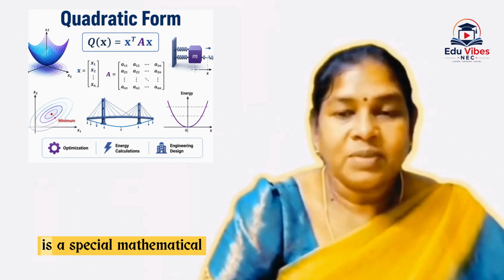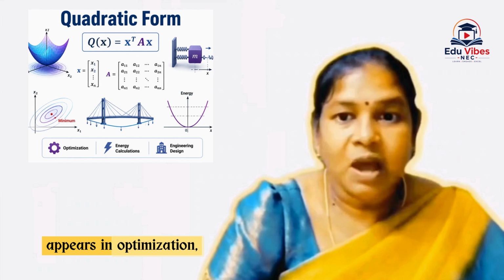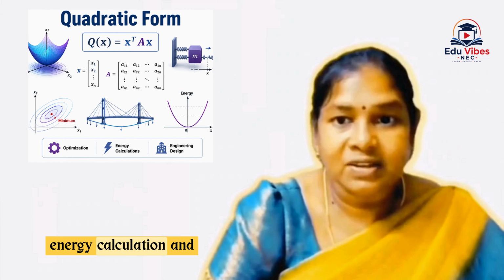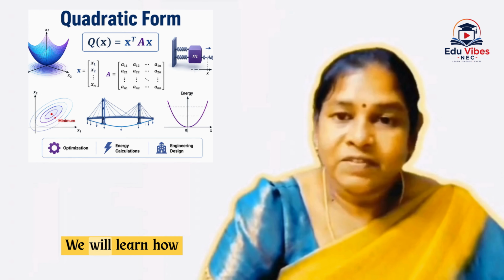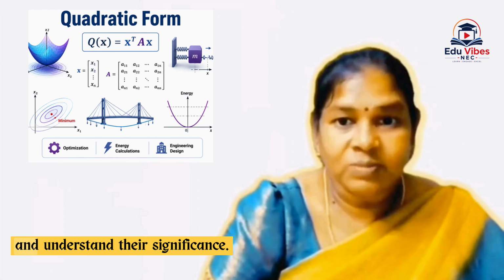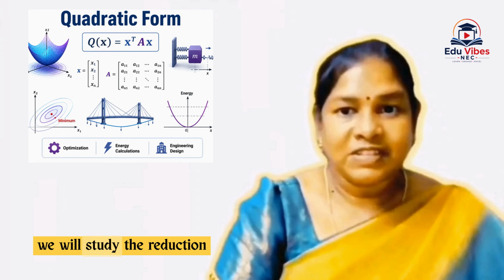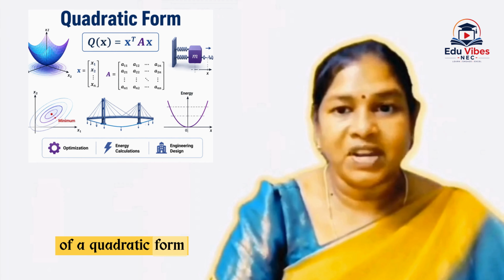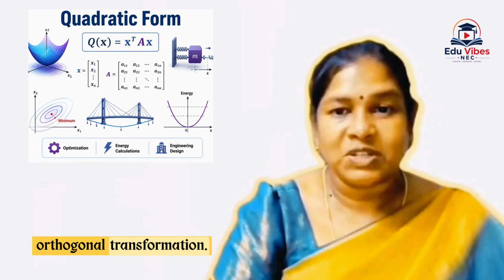A quadratic form is a special mathematical expression that appears in optimization, energy calculation, and engineering design problems. We will learn how to identify different types of quadratic forms and understand their significance. Finally, we will study the reduction of a quadratic form into canonical form using orthogonal transformation.